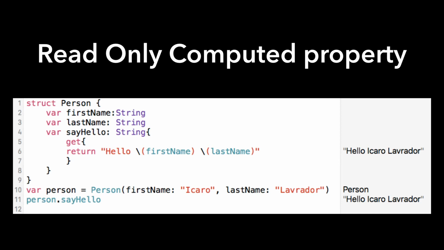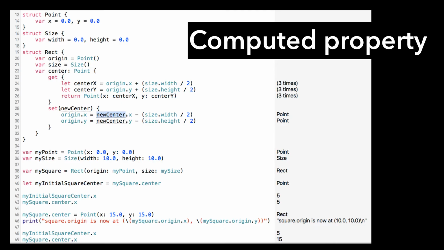Now let's look at a much more complicated case of a computed property, where it has getters and setters. This is also an example from the Apple book, where we have a square, a rectangle, and we're going to calculate the center of the rectangle. In this case we have three different structures.